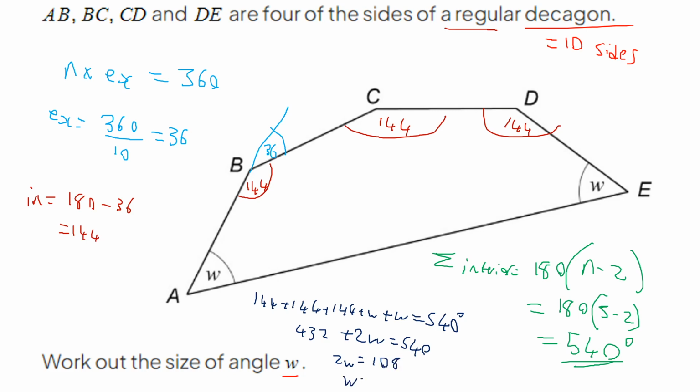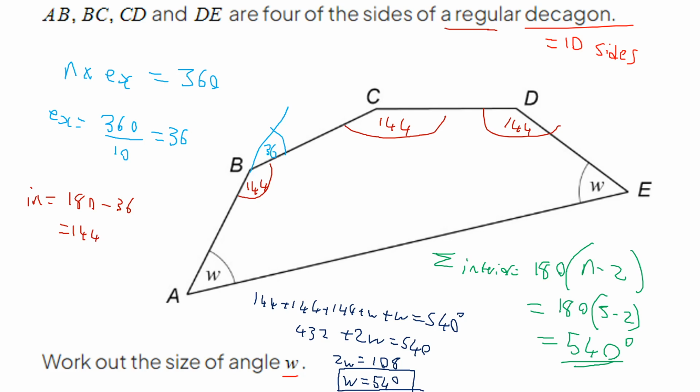And so therefore w is equal to 54 degrees. Okay? So all we did was work out, using this formula here, that n times the exterior is 360. And then the sum of the interior is 180 times n minus 2.